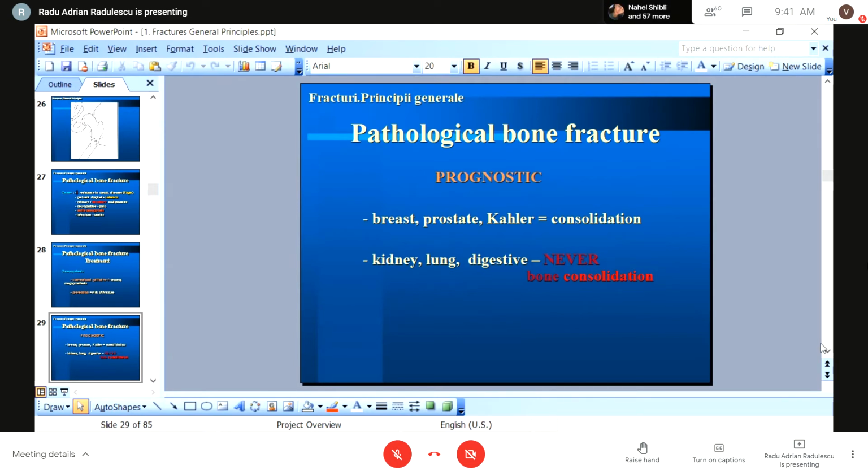But fortunately, if we treat the main tumor, which is the breast or prostate cancer, then at the same time we may obtain the union of the pathological fracture at the level of the bone. While other metastases, like for kidney, lung, or digestive tumors, usually will never go towards union, whatever the treatment will be for the primary tumor.